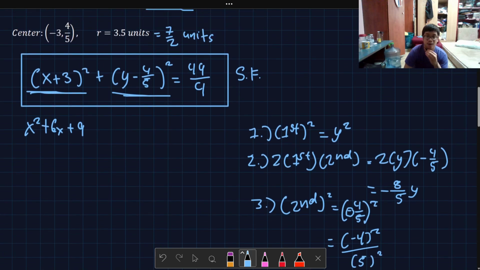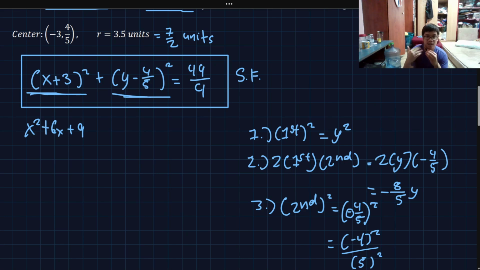If you're asking why I would put the negative sign to the 4, it's not because it's permanently done like that. Actually, negative 4 all over 5 is just the same as 4 all over negative 5.